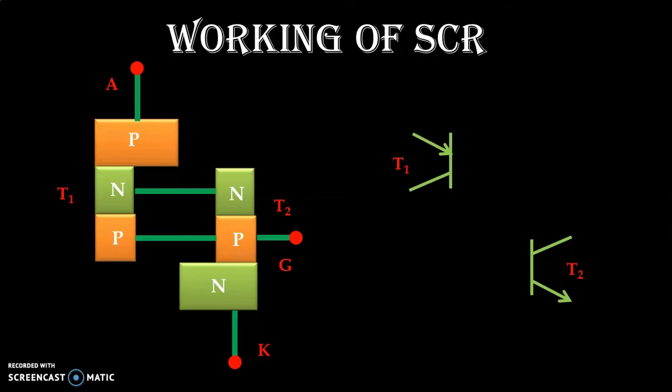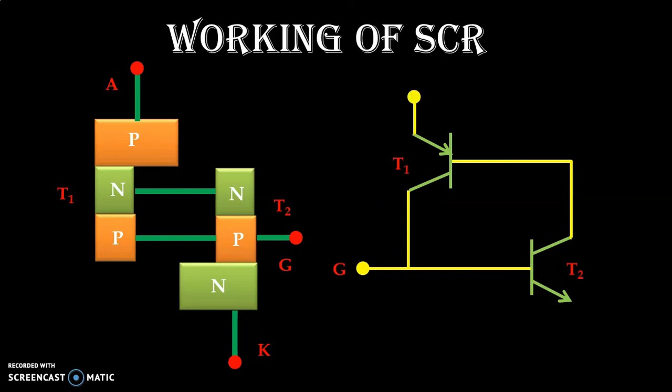Now as per the figure, we can see that the base of the second transistor is connected with the collector of the first transistor. In the same way, the base of the first transistor is connected with the collector of the second transistor. The emitter of the first transistor works as the anode, and it is given positive supply.